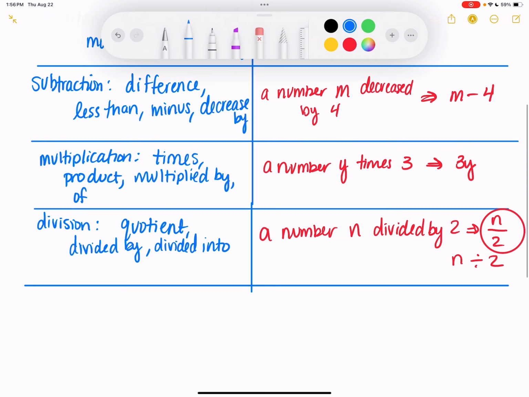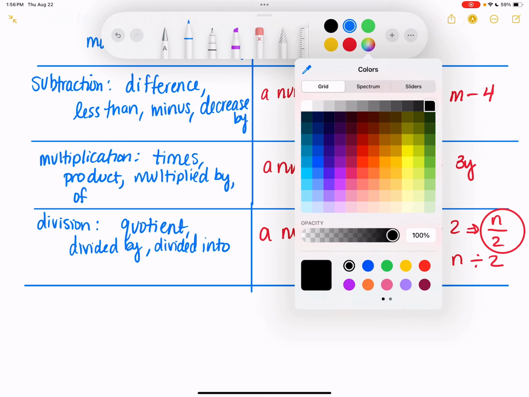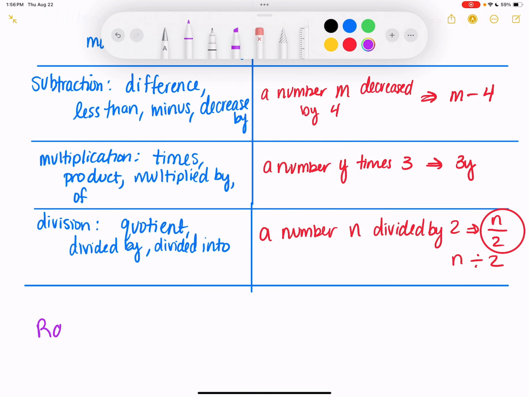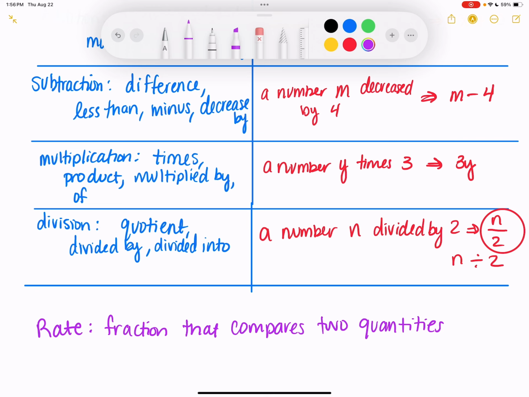Another thing we'll see in this section are rates. And a rate is a fraction that compares two quantities measured in different units.